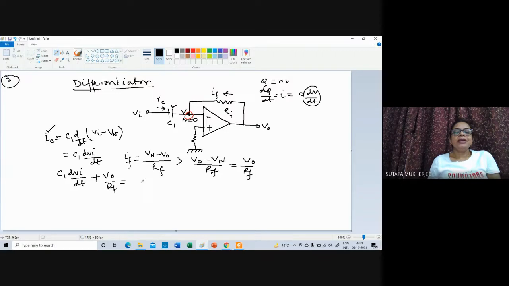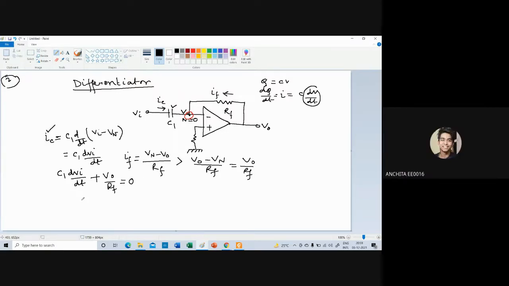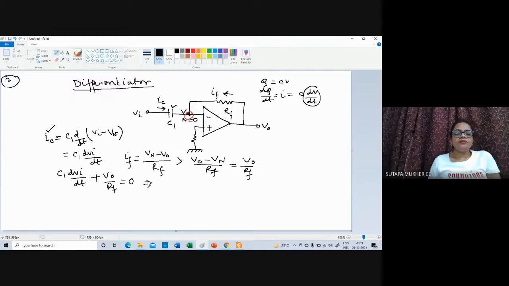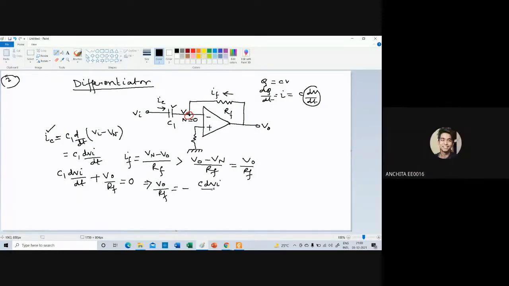That will be 0. So what is V naught? V0 by RF equals minus C1 dVi/dt.